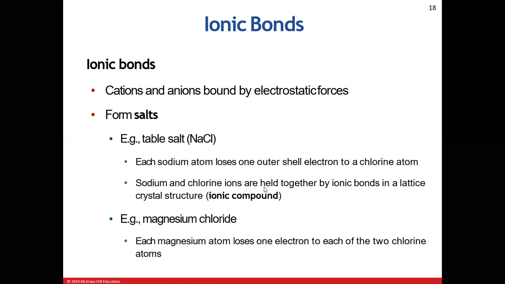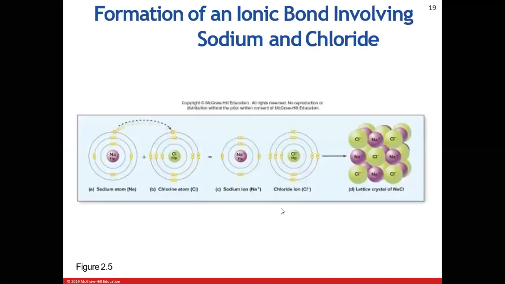Sodium and chlorine ions are then held together by the ionic bonds formed from the positive and negative charge of the two individual ions. We also see the same thing with magnesium chloride. A magnesium atom loses one electron to each of the two chlorine atoms, and again we get a salt structure. If we look at sodium chloride, you get a chance to see the chemistry of what actually occurs.